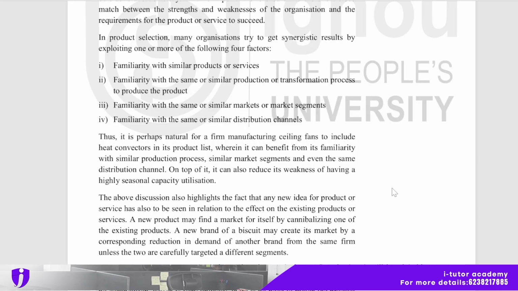One is familiarity with similar products or services, familiarity with the same or similar production or transformation process to produce the product, familiarity with the same or similar market or market segments, and familiarity with the same or similar distribution channels.